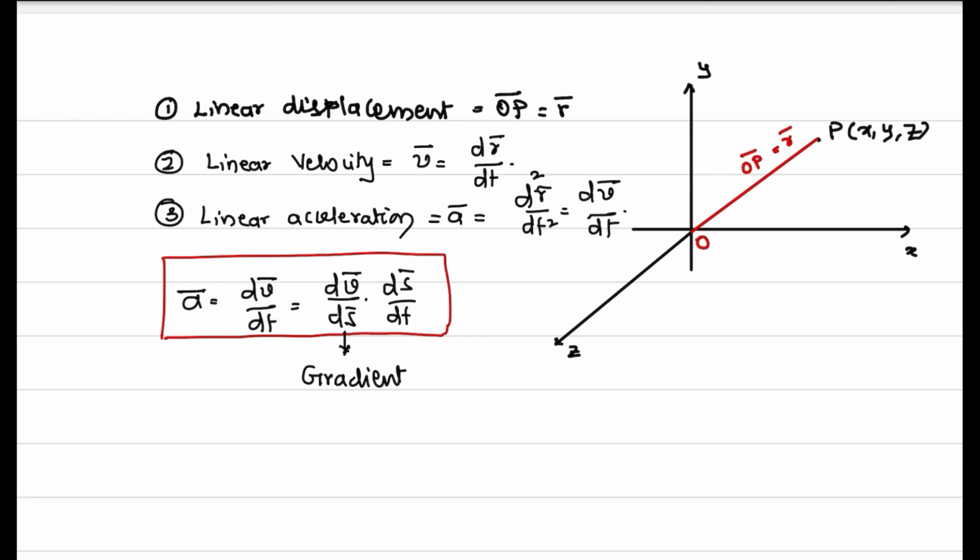Acceleration is change in velocity with respect to time, whereas gradient is change in velocity with respect to space, and this is change in displacement with respect to time. Can we write this as acceleration is equal to V dV by ds?